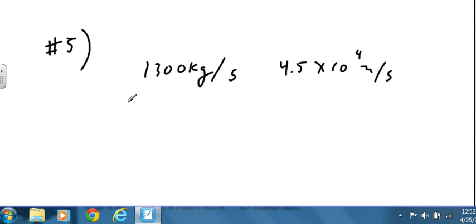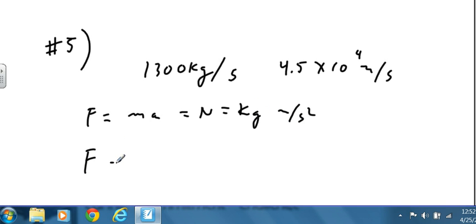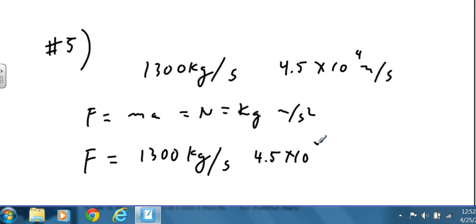And force is mass times acceleration, which is in newtons, which is kilograms meters per second squared. So clearly the force is going to be 1300 kilograms per second times 4.5 times 10 to the 4th meters per second, and my units come out to be in newtons.